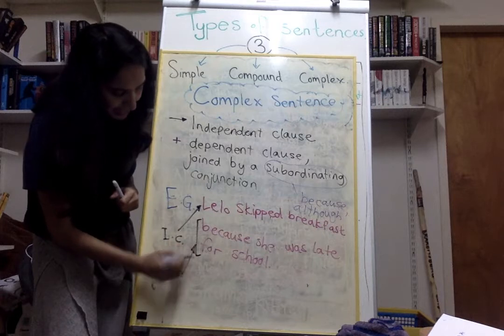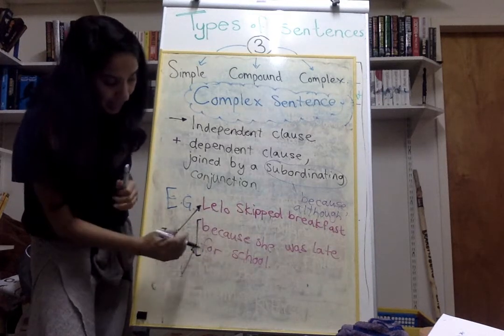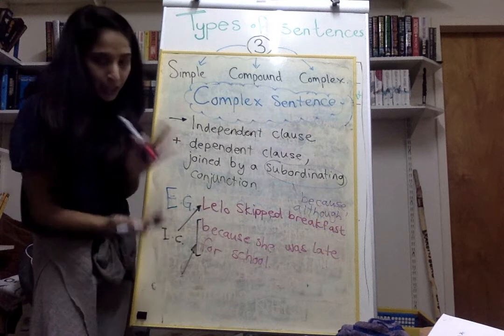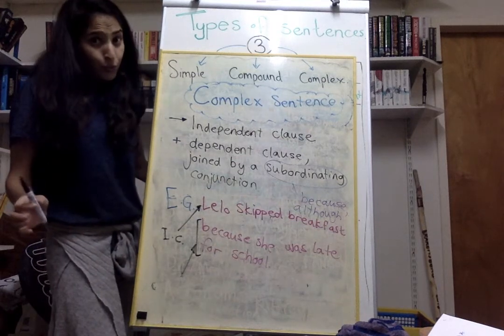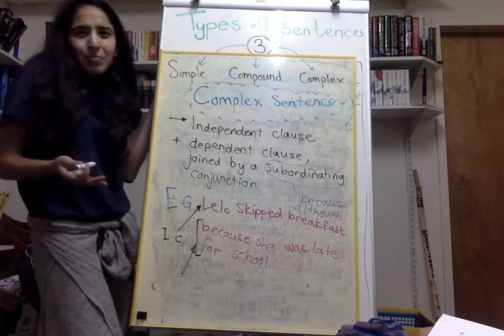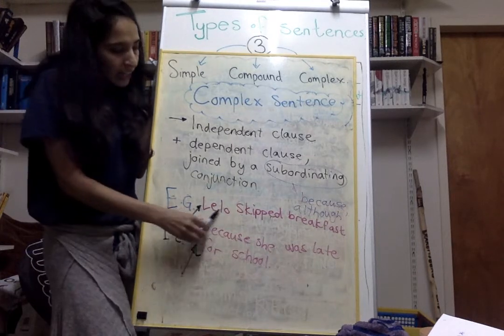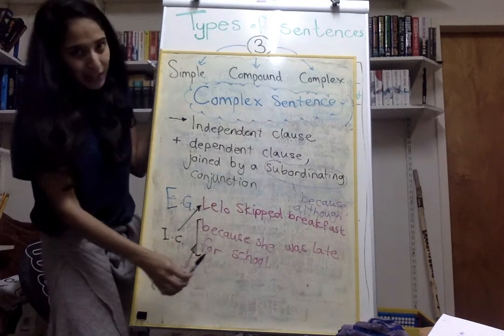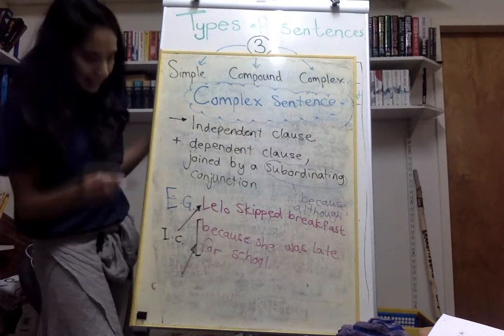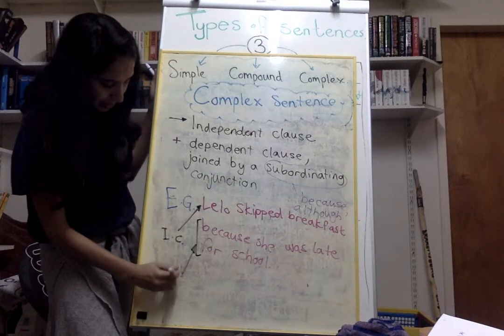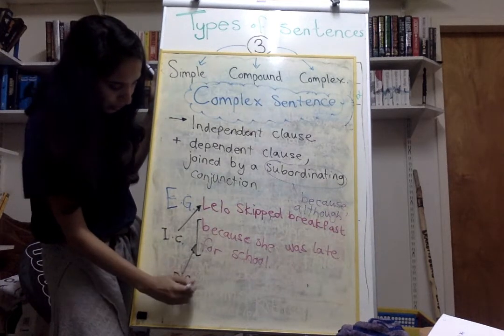Because she was late for school needs the first part to be completely understandable. I can't just say because she was late for school. Then what do you mean? Oh, Lelo skipped breakfast because she was late for school. This part needs the other part to make complete sense. So this is our dependent clause or subordinating clause.